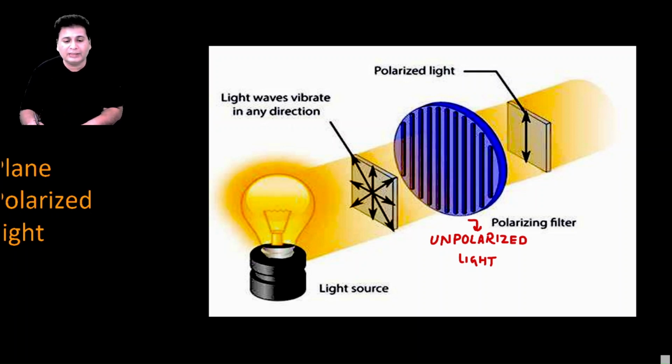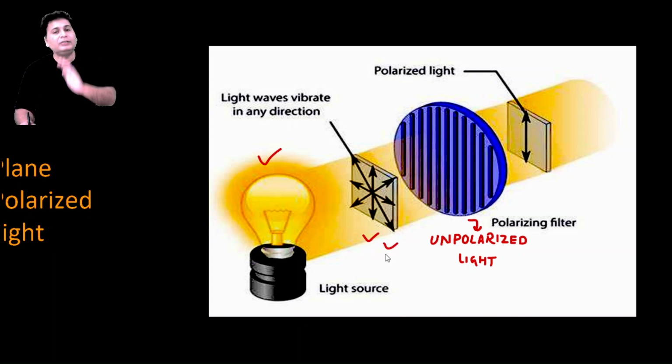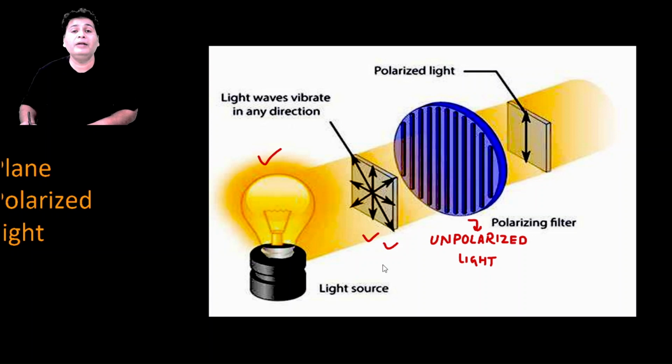Students, as you can see from this diagram, there is a light source, as we all see in our day-to-day life. From these light sources, we get light that is unpolarized. So the light you see coming from the light source is basically unpolarized.